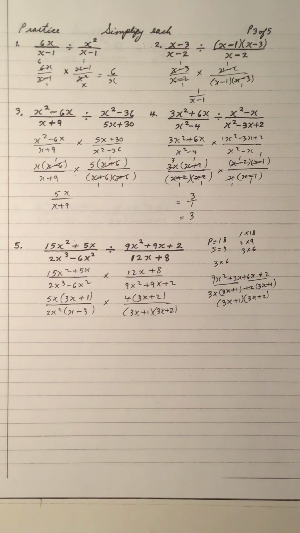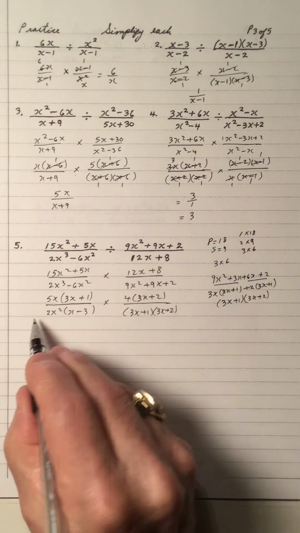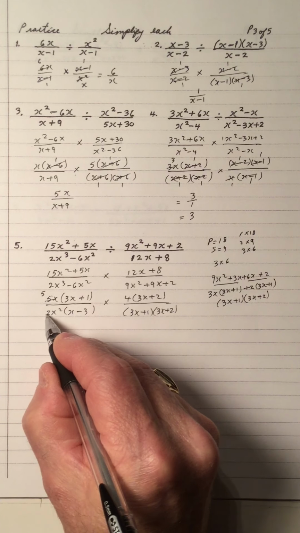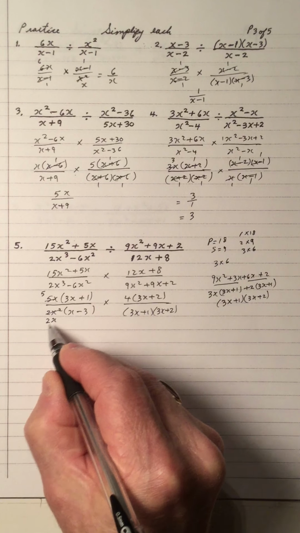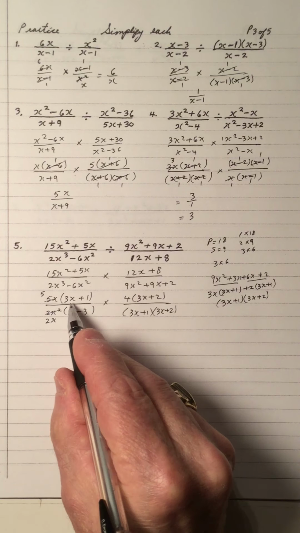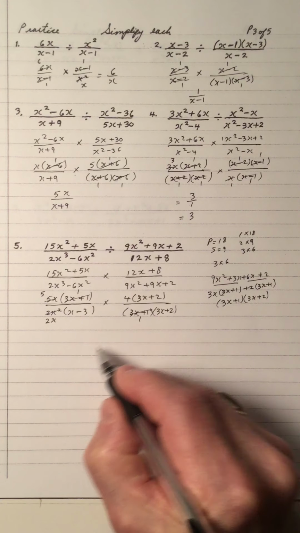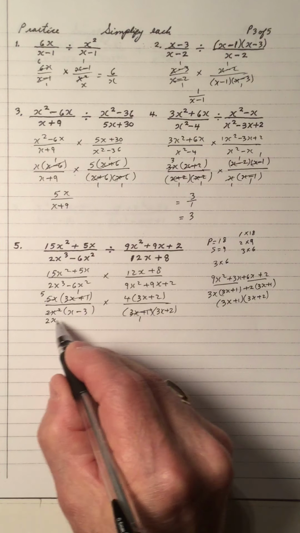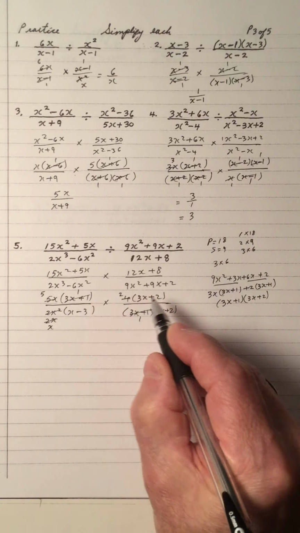Now that I have it factored, I'm going to see if I can cancel. So I can see a 5x and an x, so x goes into 5x, 5; x goes into 2x squared, 2x. And 3x plus 1 is right there and there, and I see a 4, 4 and 2, 2 into 2x is x, 2 into 4 is 2.